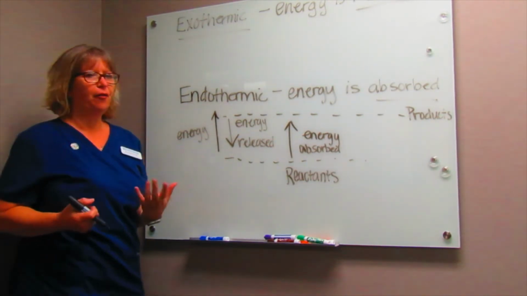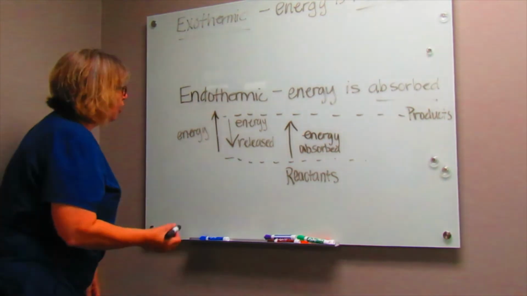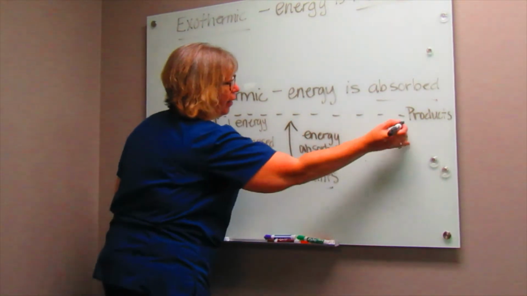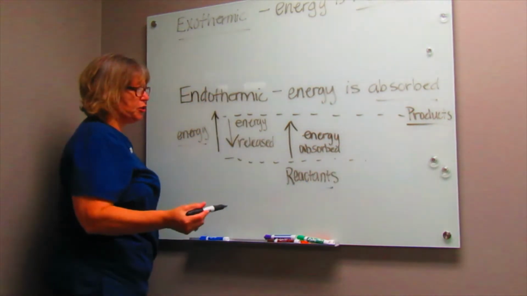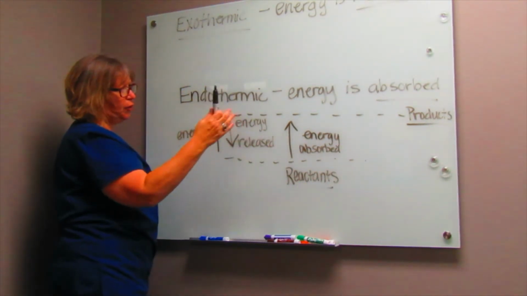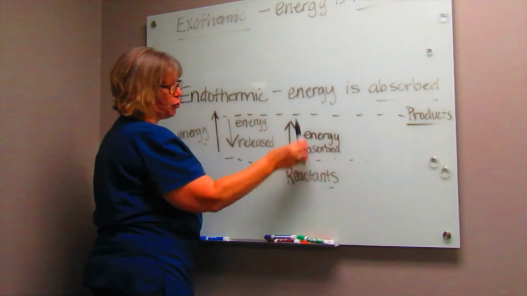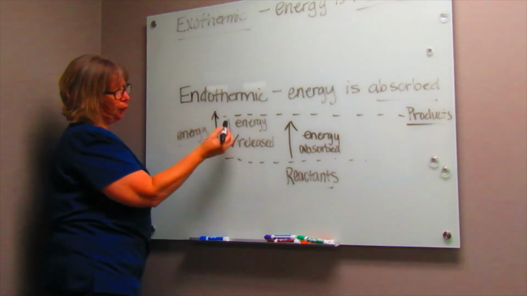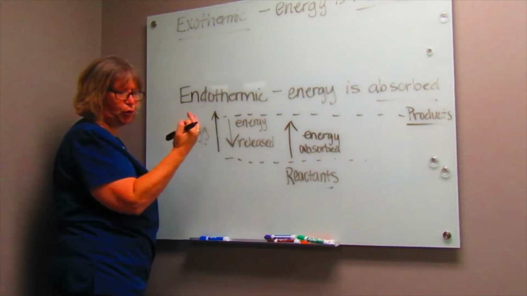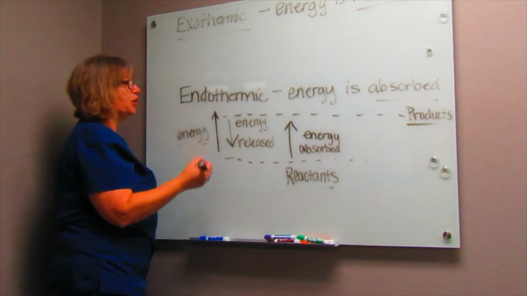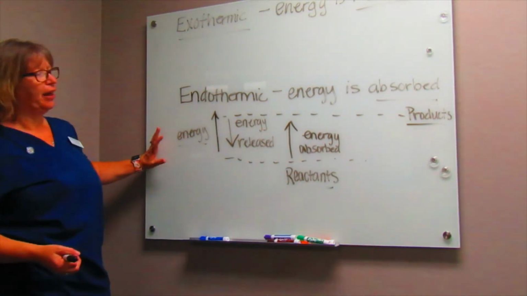In terms of chemical reactions, we have our energy here. These are our reactants and our products. When we have an endothermic chemical reaction, energy is absorbed into the products. When we have an exothermic chemical reaction, energy is released. So that's just a little definition there.